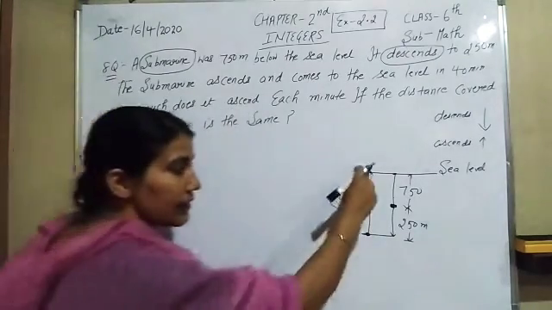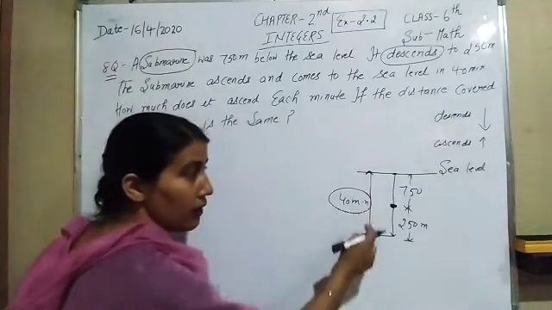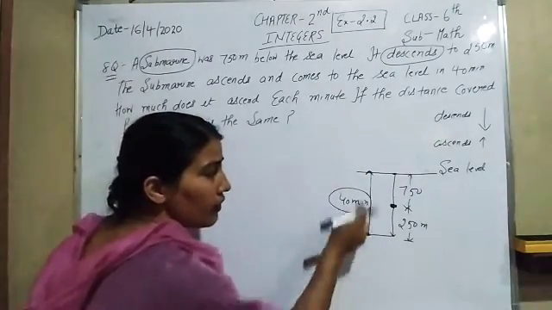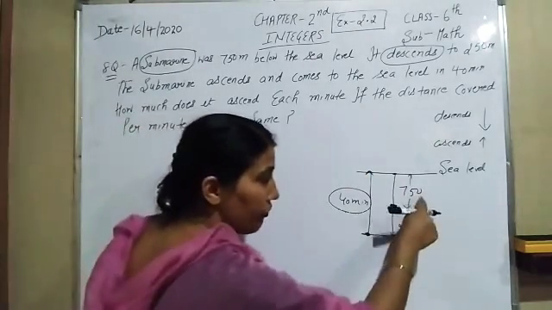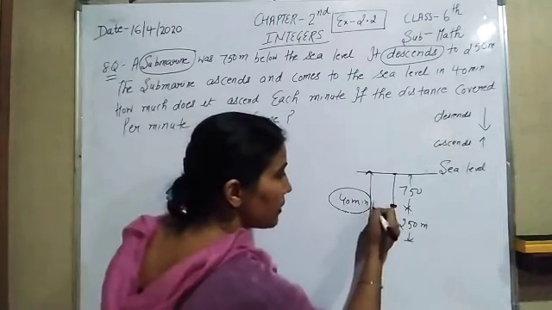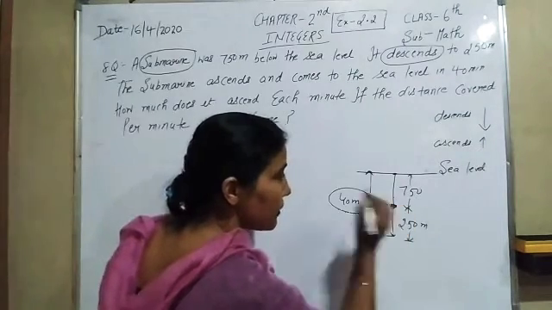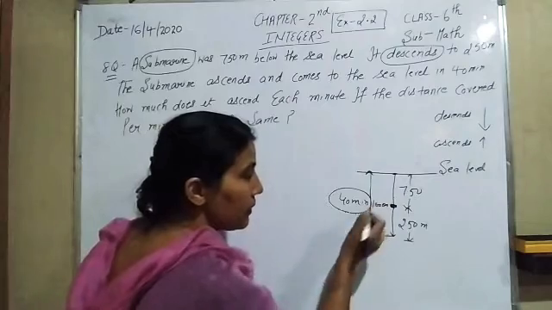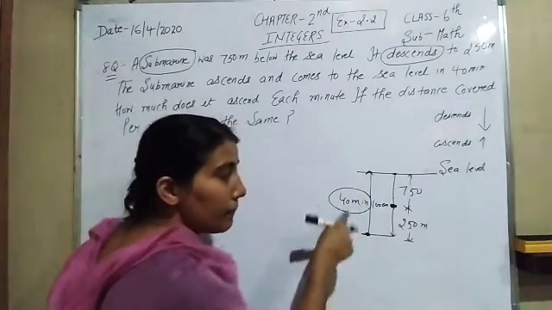That means the total distance the submarine covered is 750 plus 250, that means 1000 meters. 1000 meters distance is covered in 40 minutes.